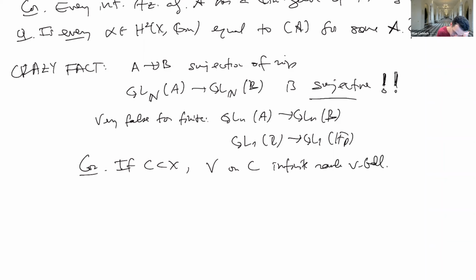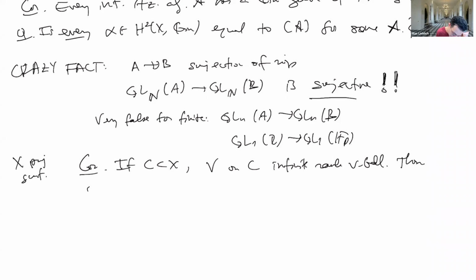X is a projective surface. Then there exists a finite Z inside of X that doesn't intersect C, and they lift V to X minus Z.